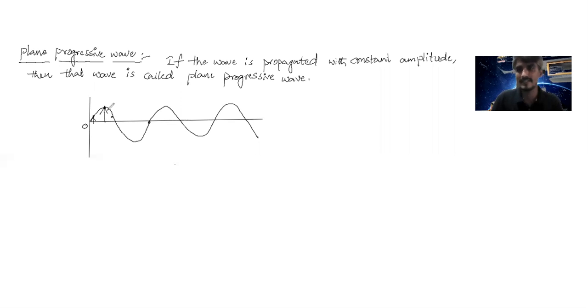Then what do we call this distance? That is called amplitude, maximum displacement, right? And here down, all the particles in this, they oscillate downwards. And again the particles here, they oscillate upwards, understand?